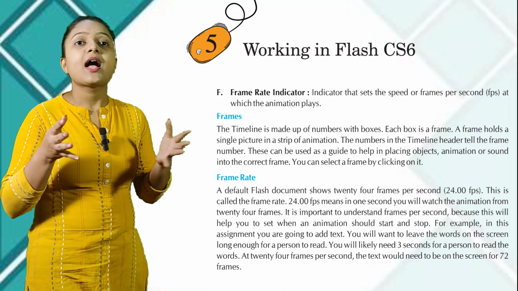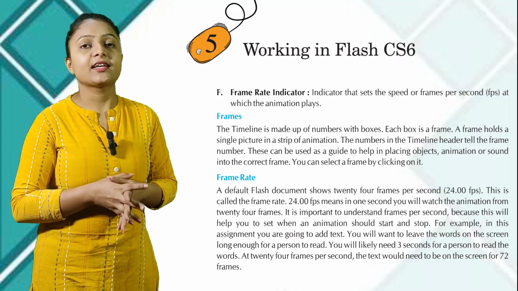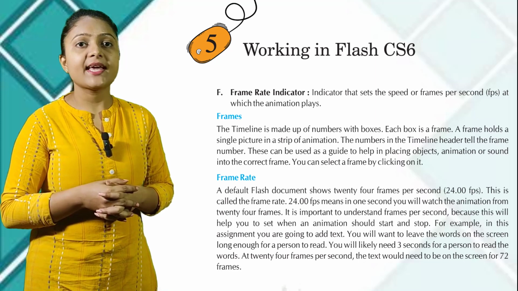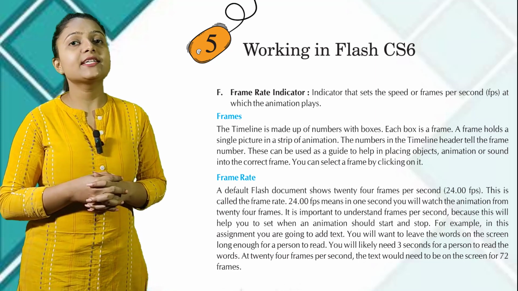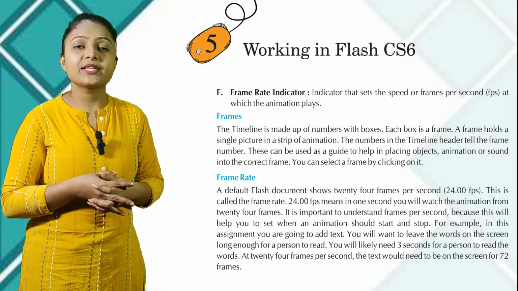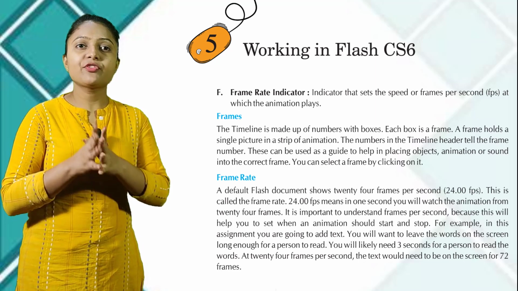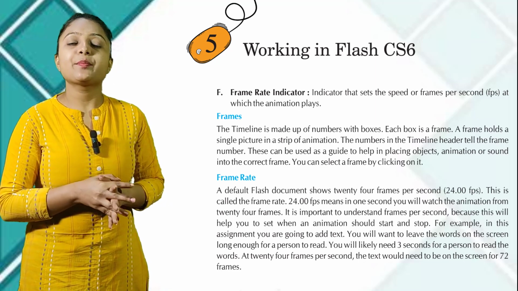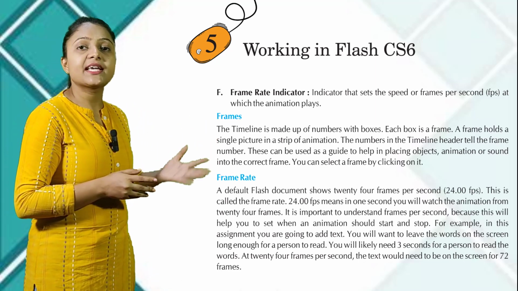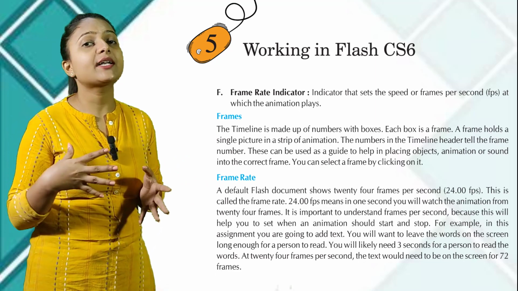Frame rate. A default Flash document shows 24 frames per second, 24.00 FPS. This is called the frame rate. 24.00 FPS means in 1 second you will watch the animation from 24 frames. It is important to understand frames per second because this will help you set when the animation should start and stop.